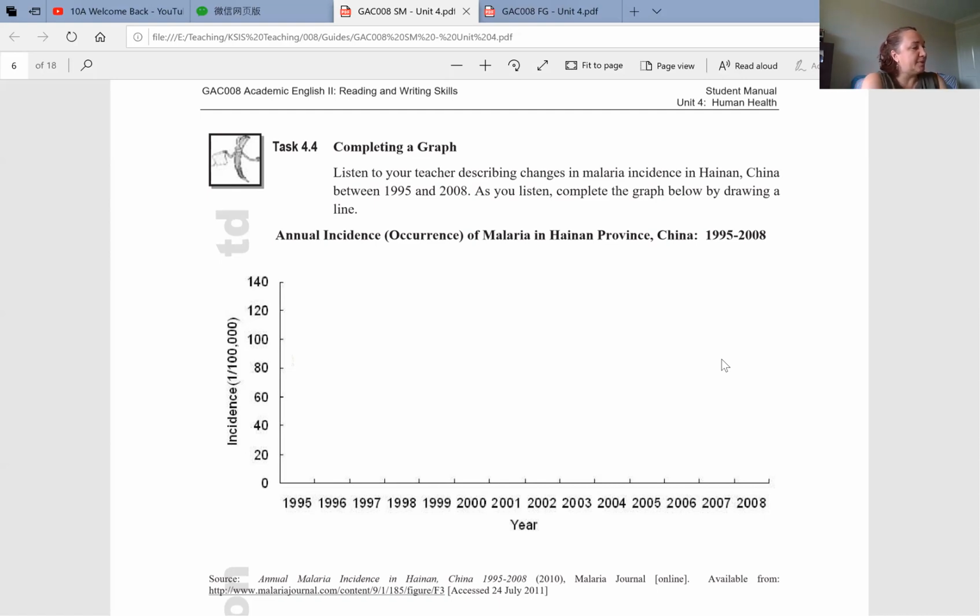The period between 2000 and 2004 showed a sustained increase in the number of malaria cases, peaking at 120,000 in 2004.